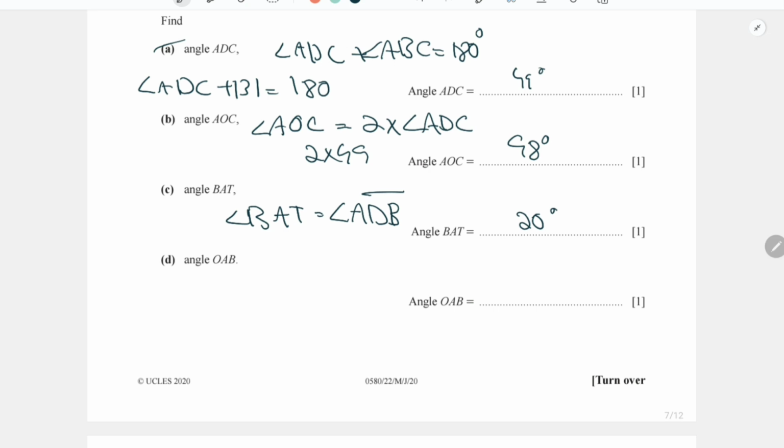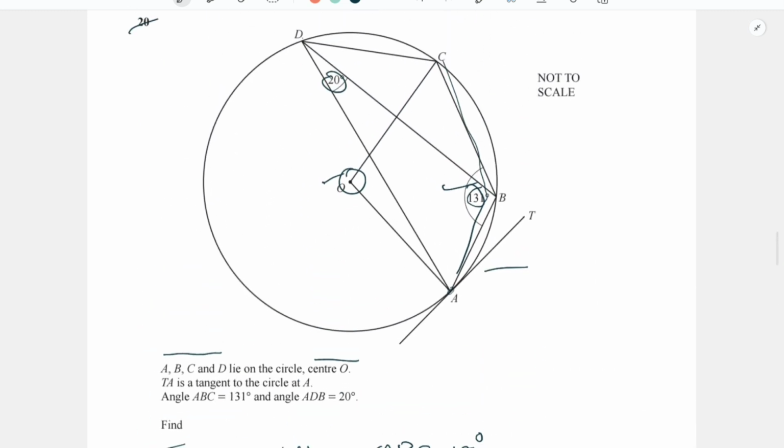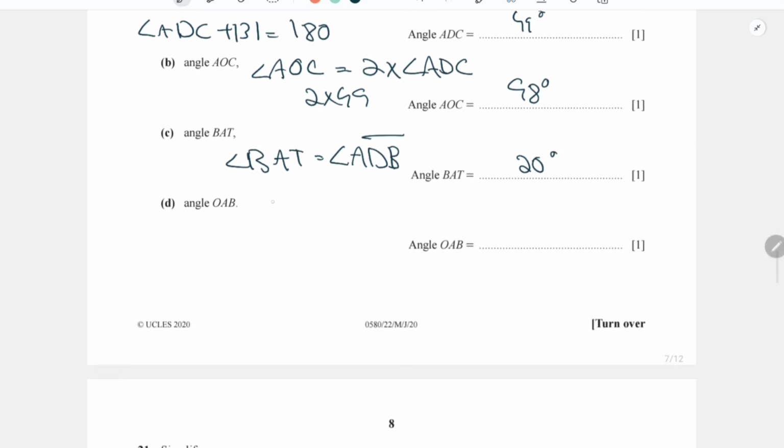Now the last one we have is angle OAB. The radius OA is perpendicular to the tangent TA, so that means angle OAT equals 90 degrees.